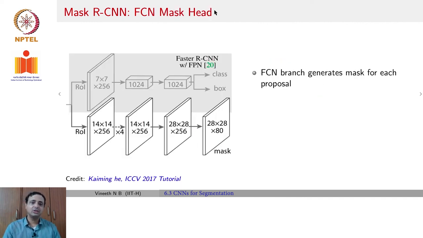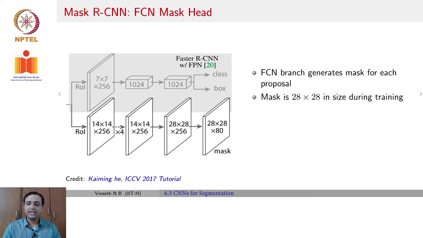So in addition to your standard Faster RCNN architecture with a classification loss and a bounding box loss, we also have a mask head with the Mask RCNN. What the Mask RCNN does is it uses an FCN kind of a branch, which means it's fully convolutional.